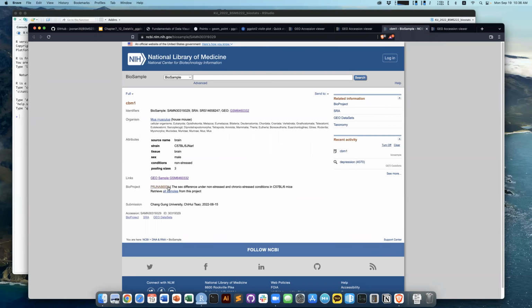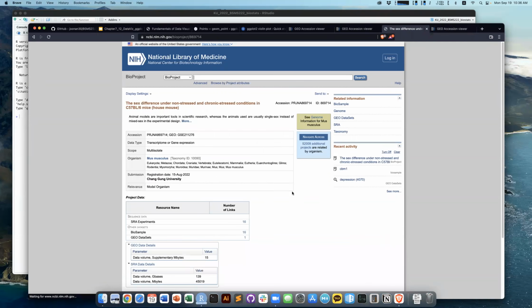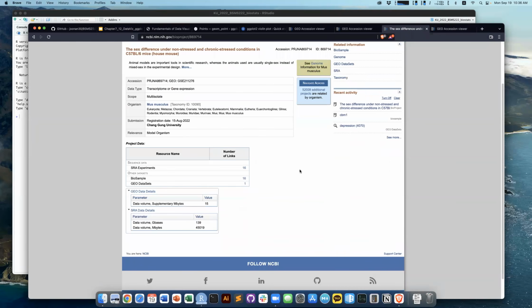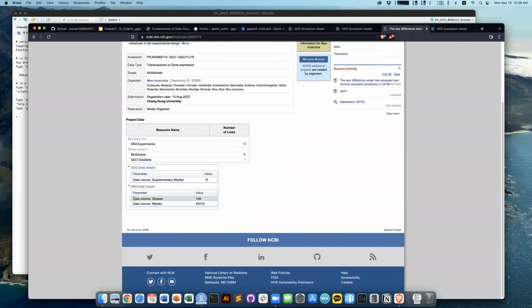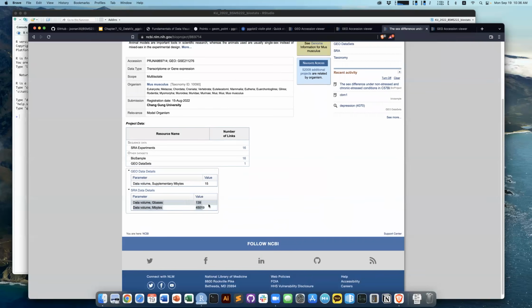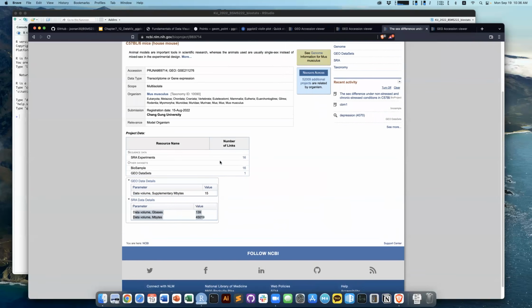So if you click one of the links to the data set, then you can find the link to download the FASTQ file. Okay, so this is about the data set, right?